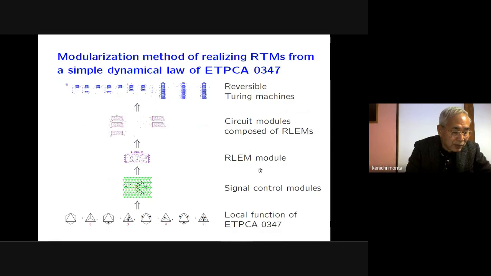Then, combining signal control modules, an RLEM, reversible logic element with memory, is created. Some useful circuit modules are then designed and composed out of RLEM modules. And finally, reversible Turing machines are constructed, combining circuit modules.